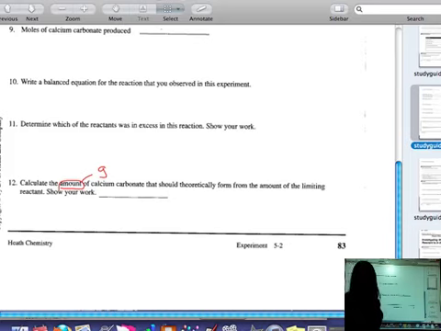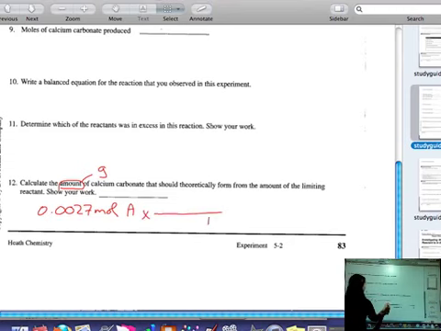Okay, so we've got to go from the limiting reactant, which I'm going to call A. Limiting reactant A. We've got to use the mole ratio, so we've got to divide it by moles of A, and we're going to look at moles of B.